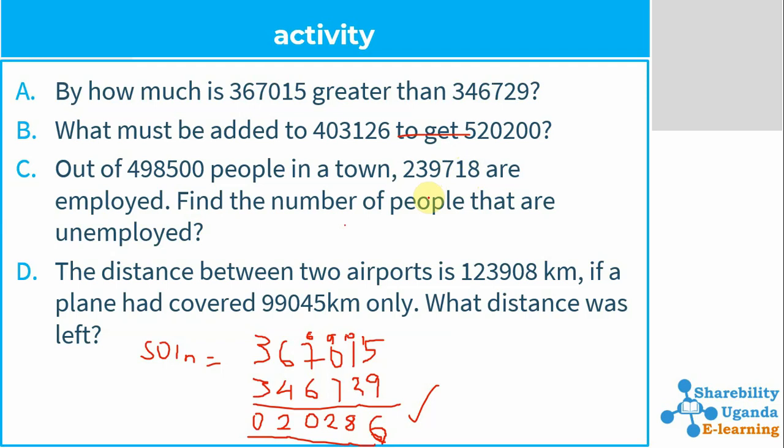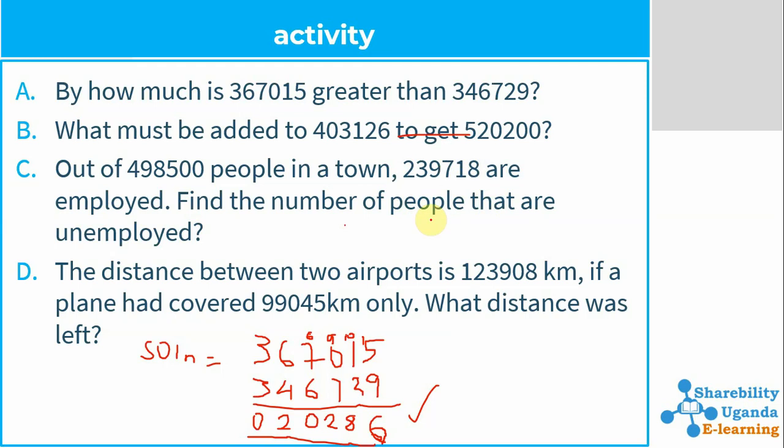Find the number of people that are unemployed. So you can see how they are always asking such a question, because they just want us to find out the number of people who are not employed. Unemployed means not employed.